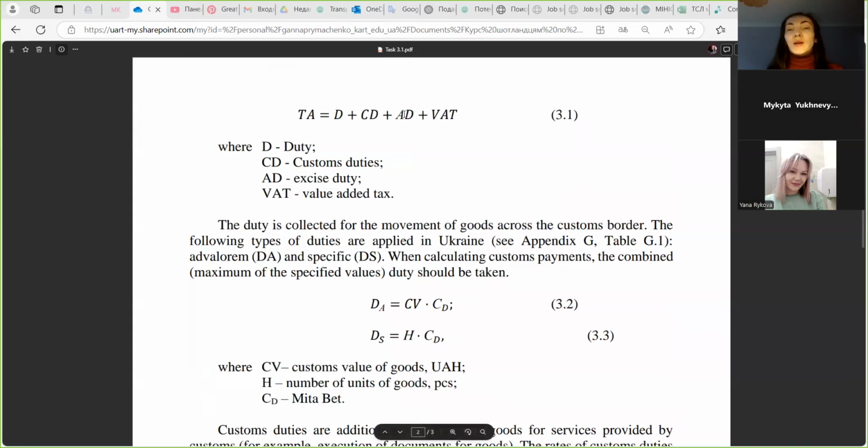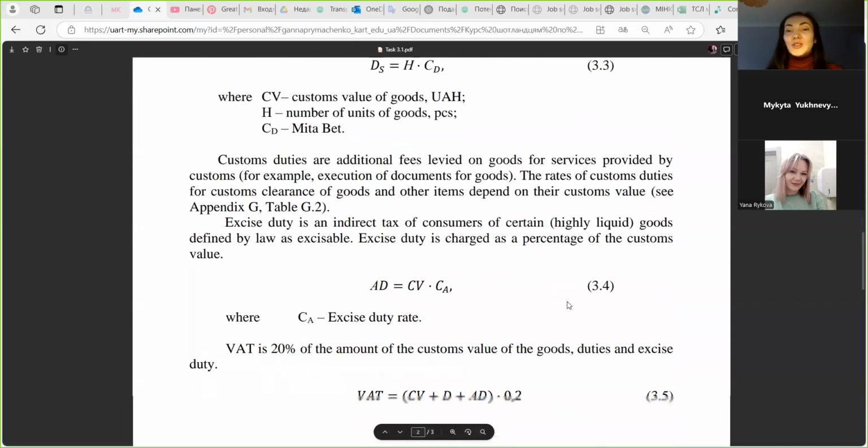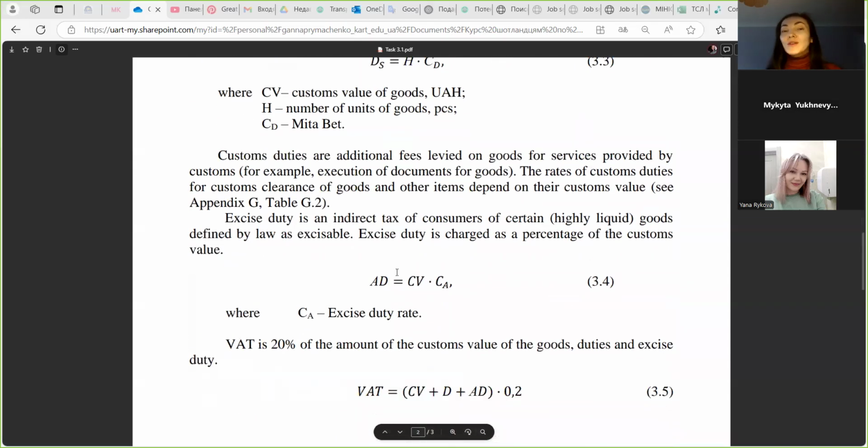And our next parameter, we will find AG. It is excise duty. So many parameters for calculation. Okay, simplified, and we find AG, it is formula 3.4. We already started to do it, yes, but use table G.2.